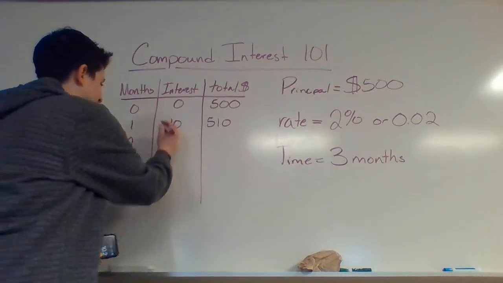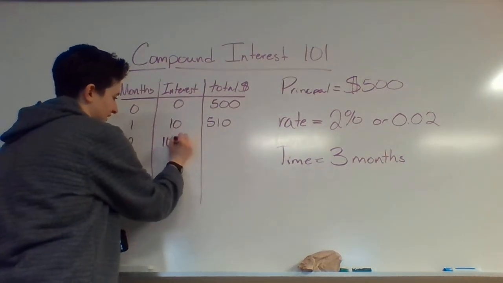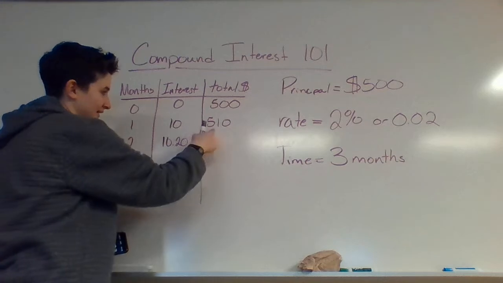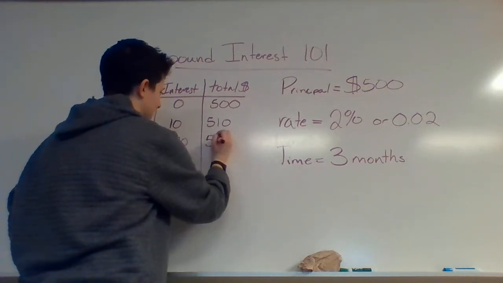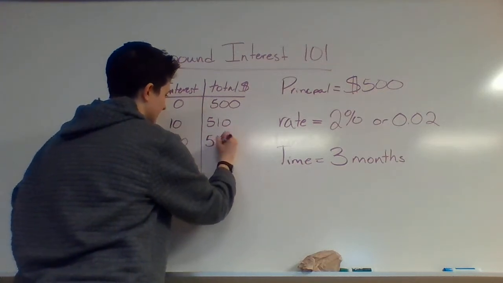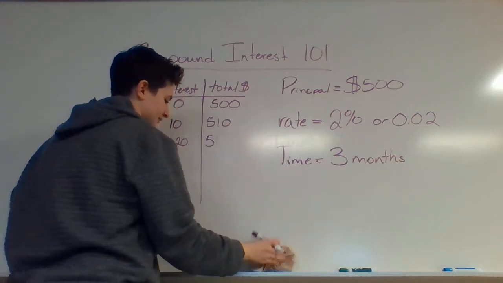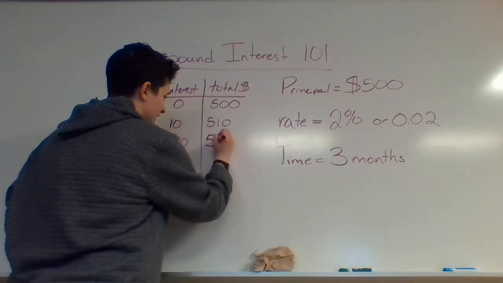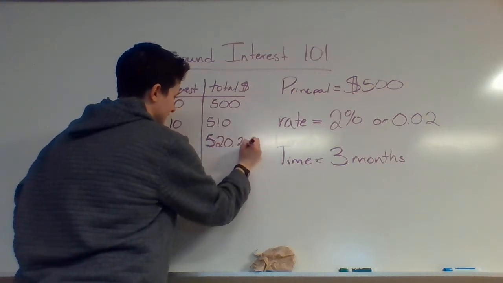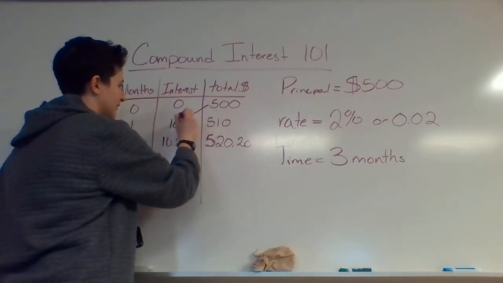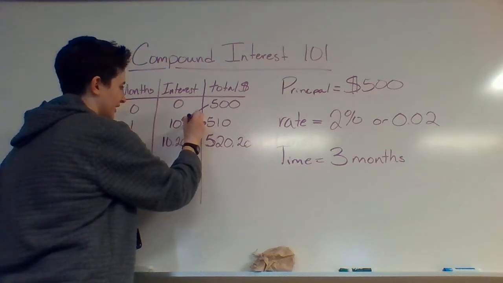So for this next month, I've now made $10.20, right? I'm going to add that to this. So now I've made 520 and 20 cents.